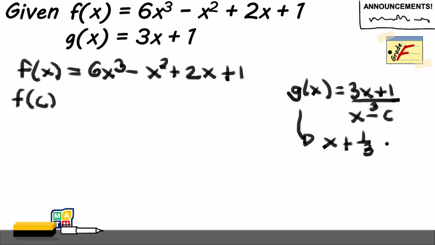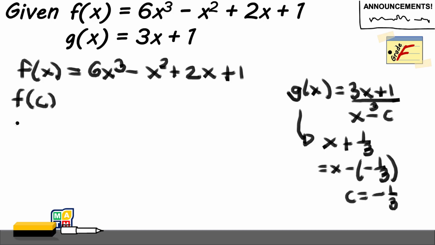But since the structure for the remainder theorem should be x minus c, we can further rewrite this as x minus negative 1/3. Of course, by double negative property, it will return to plus. This would mean that the c coefficient we are going to substitute here is negative 1/3.